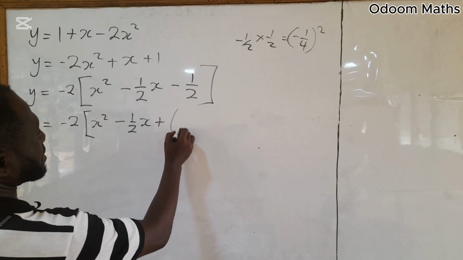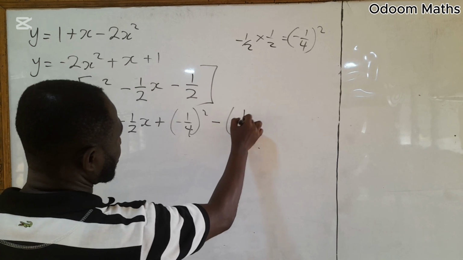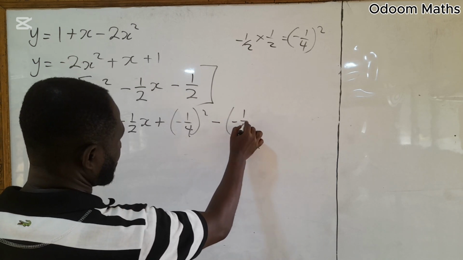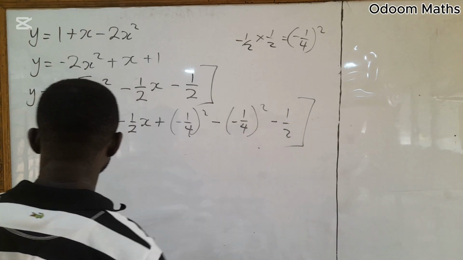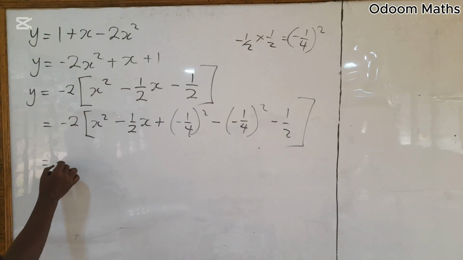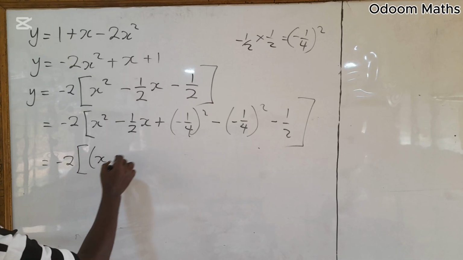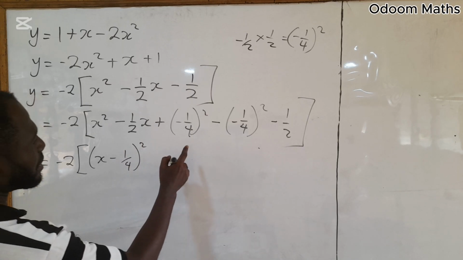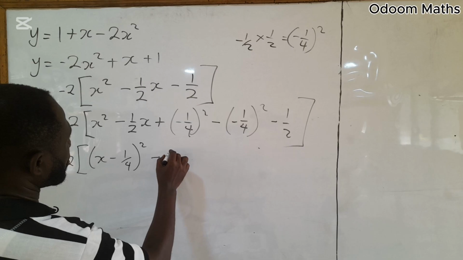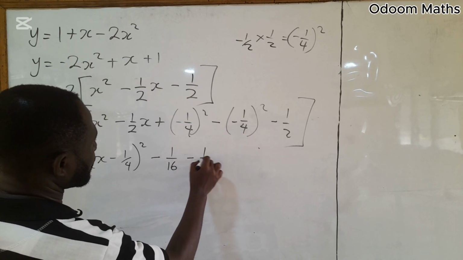So plus -1 over 4 squared minus -1 over 4 squared, then minus 1 over 2. So from here, we have -2 into brackets x minus 1 over 4 squared. Then this is going to give me minus 1 over 16, that is this one. Then minus 1 over 2.